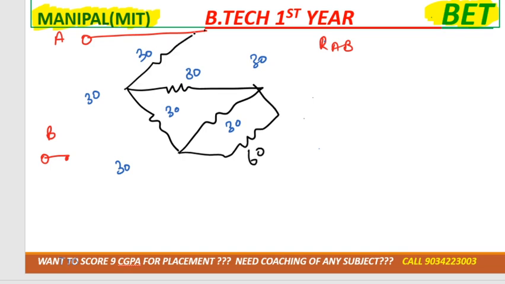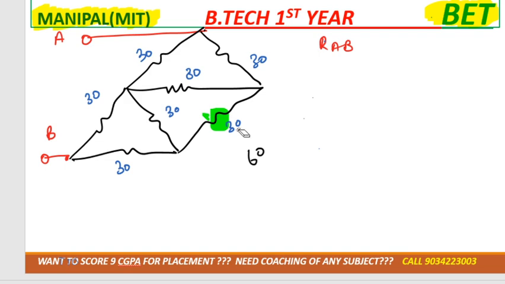So now you can see it's a 60. Okay, I'm drawing this again. Now again you can see that this 30 and this 60 are connected in parallel, right? So we can simply solve it and convert it into a single resistance. 30 parallel 60 would be equal to 20.